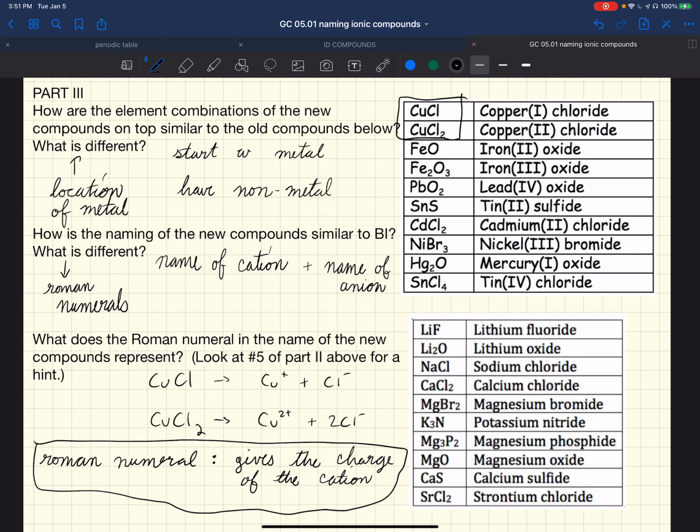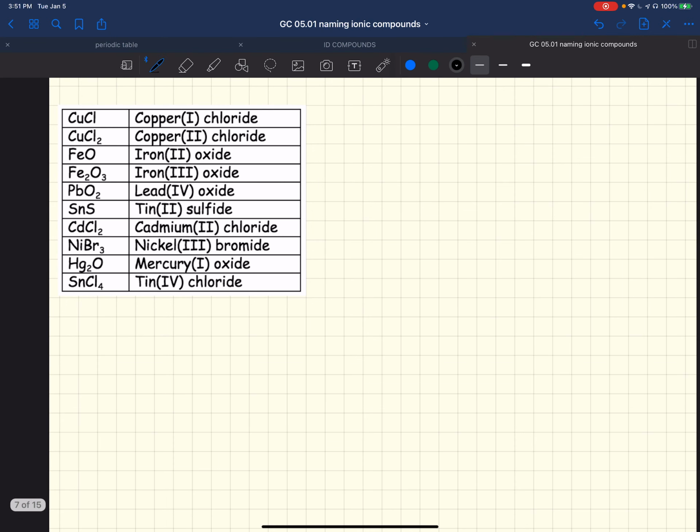That's kind of the key of these. We're going to name these compounds as transition metal ionic compounds. So, let's talk about what things get named as a transition metal ionic.